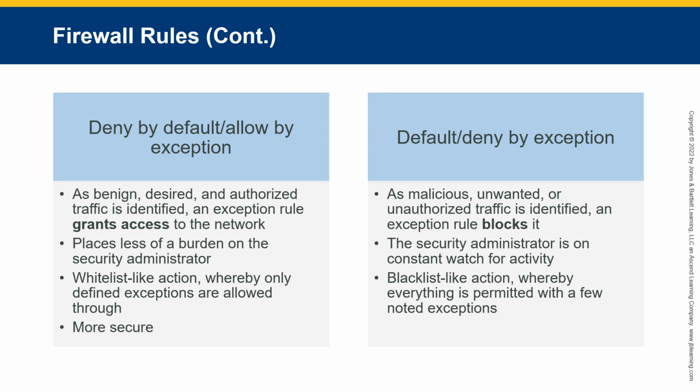Now we get to the default allow with deny by exception. You would see more of this in an IPS or IDS system. As you're identifying malicious traffic, you create rules to block it.